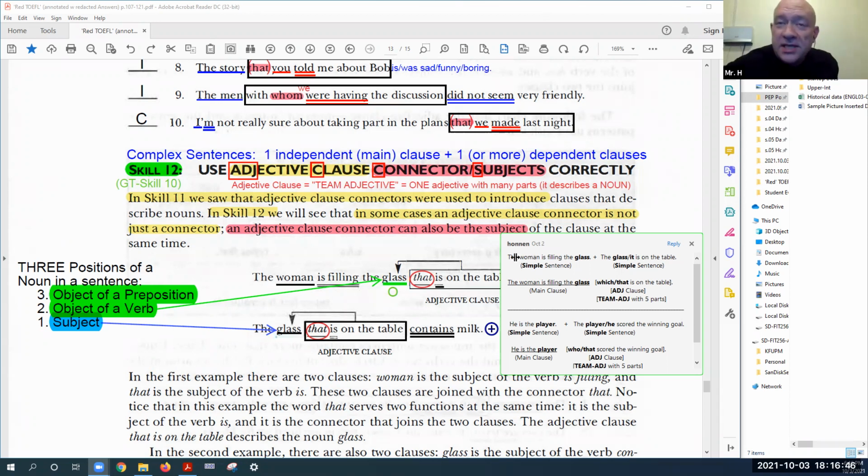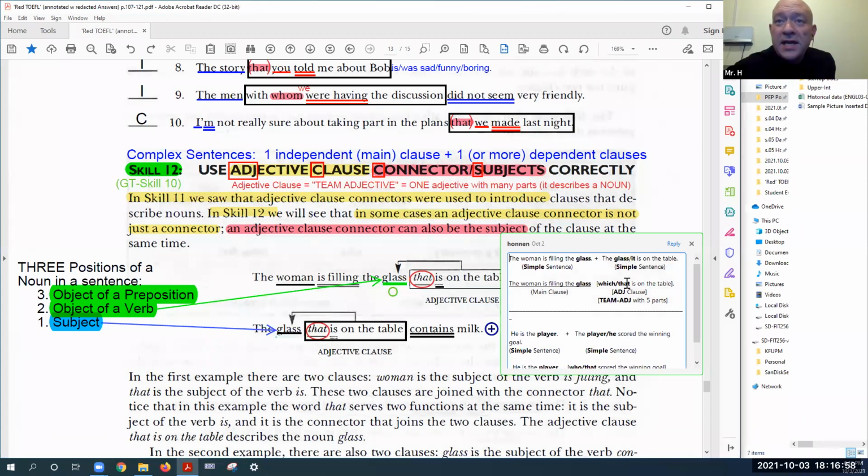So read the second example. The woman is filling the glass, which is on the table. Now, why did I put both which and that? Do you know? Both are correct. Yes, these are both possible. Should I use both of them when I make a sentence?